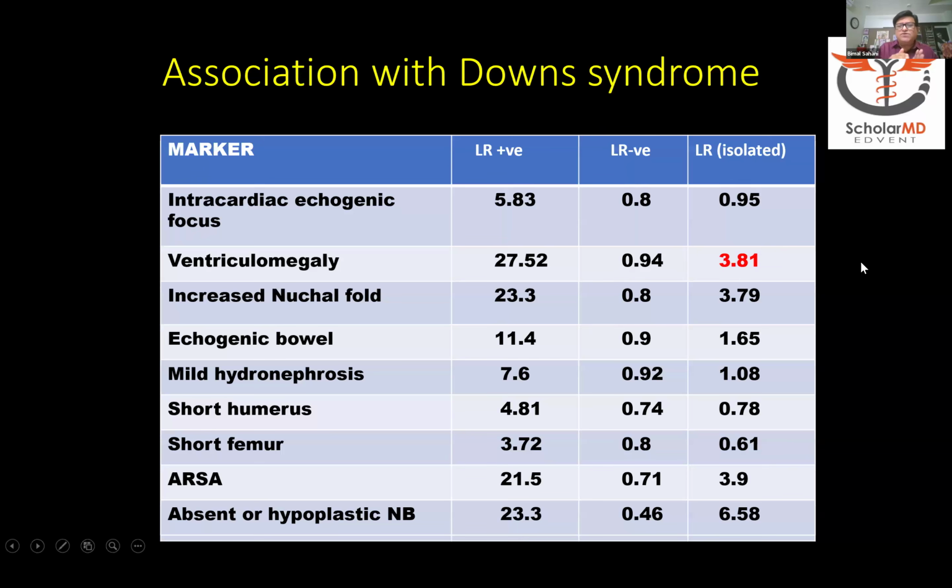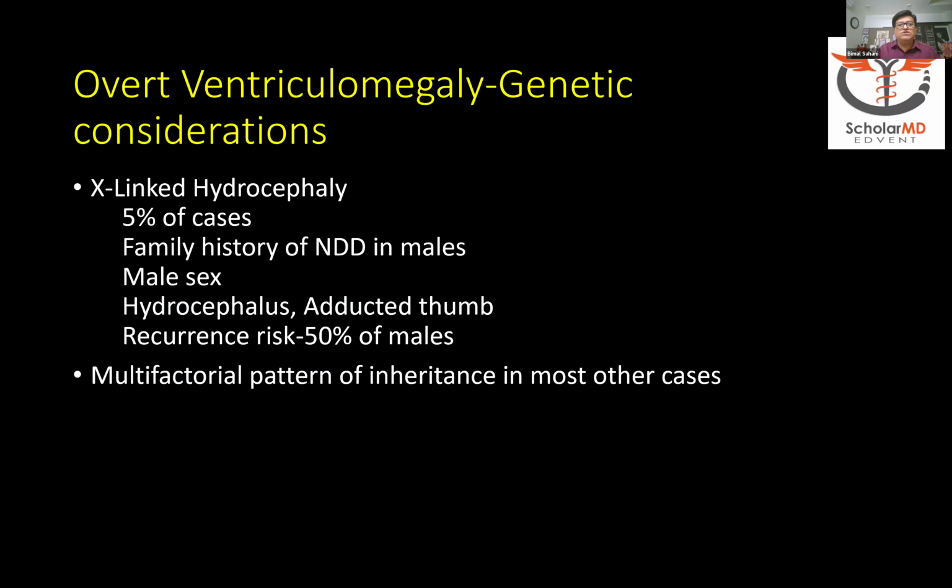Usually it is the mild to moderate which can be markers. When you have severe ventriculomegaly, usually they are not a marker for trisomy 21 as such, but this is something which we know is there. And when there is an overt ventriculomegaly, the genetic considerations can be different, and amongst them the most important one is X-linked hydrocephaly, which can be seen in 5% of these cases.